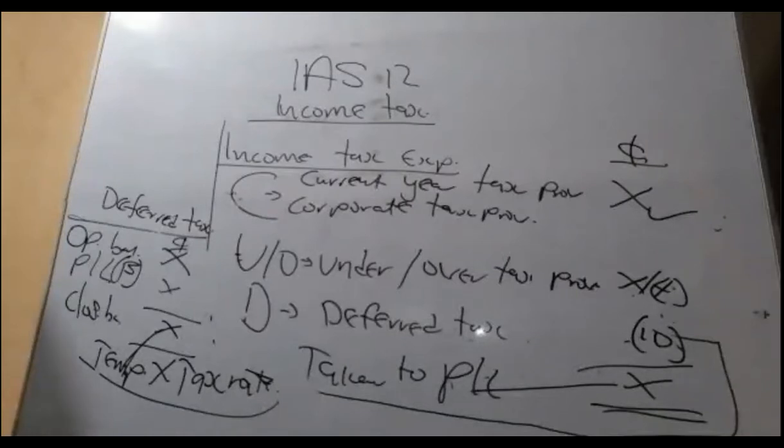So that is it. Now, what is temporal difference? Temporal difference is the difference between two items. Just compare two items and find their difference. The difference between the carrying amount of an asset or a liability and its tax base. So that's the temporal difference.